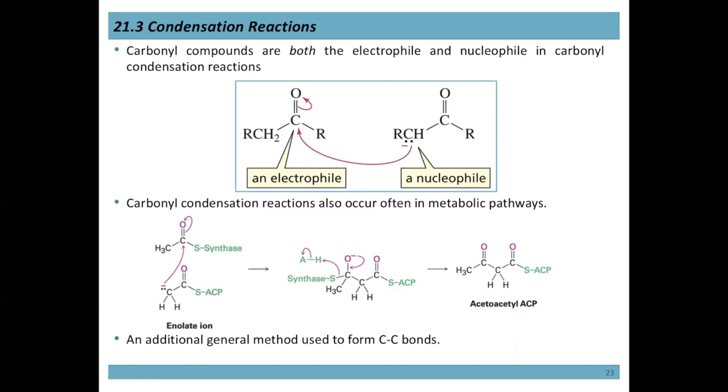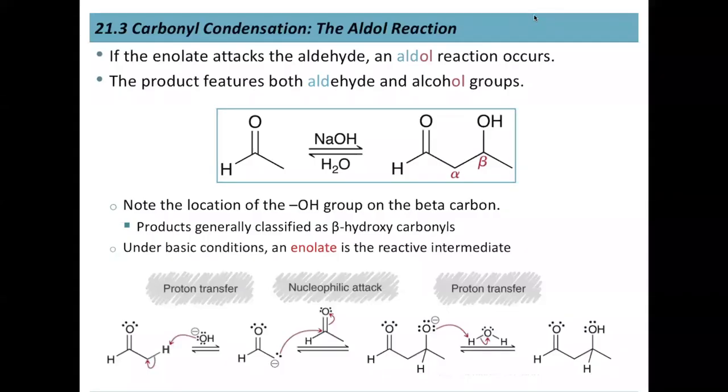So if we take an aldehyde and mix it with sodium hydroxide, and since that's a solid, it needs to be dissolved in a little bit of water, what we see is two molecules connecting to each other, forming an aldehyde and an alcohol.